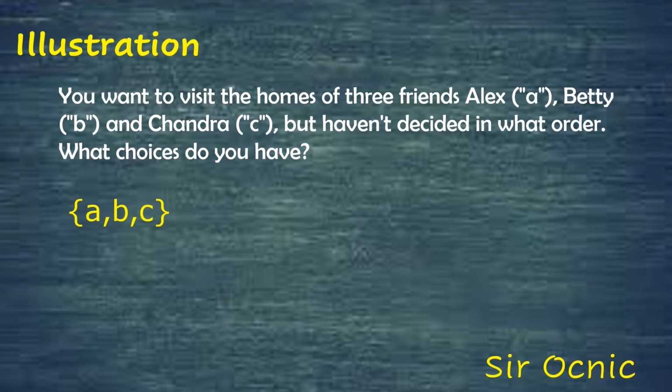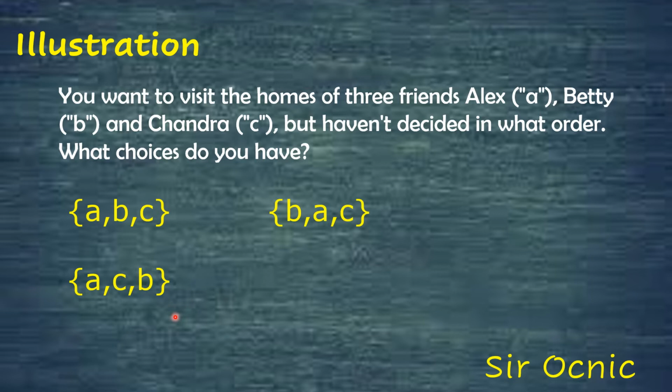Your first choice would be you go to Alex's house, then to Betty's house, and then to Chandra's house. But you may also have Alex's house, Chandra's house, and Betty's house.